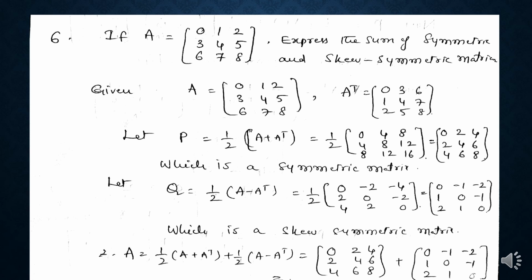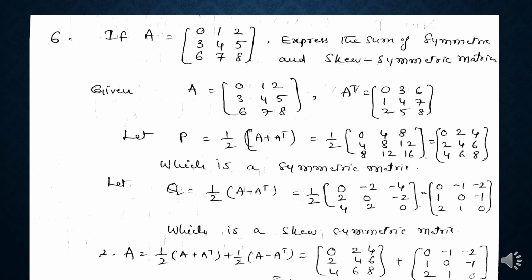Now let us take Q is equal to half into A minus A transpose. That is half into [0 minus 2 minus 4; 2 0 minus 2; 4 2 0].